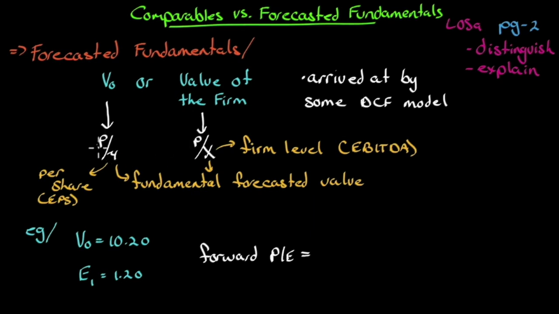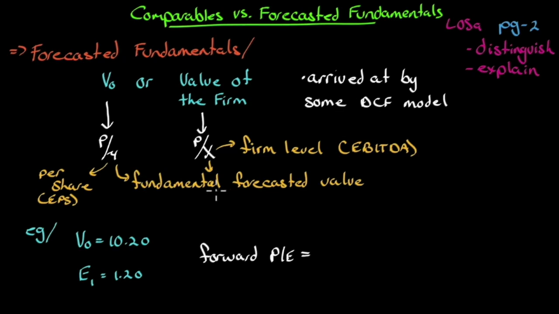And we'll end up with some price that we can observe in the marketplace divided by X. I put little x and big X, little x meaning a per share value of whatever the fundamental value is. Could be earnings per share, could be cash flow per share, could be book value per share, could be sales per share. But it's some fundamental value of the company, the price divided by that. And big X is a firm level measure, such as EBIT or EBITDA, or cash flow from operations, free cash flow to the firm, as long as it's firm level, not per share.